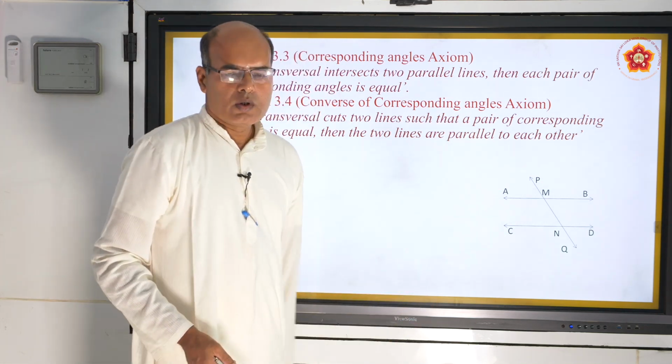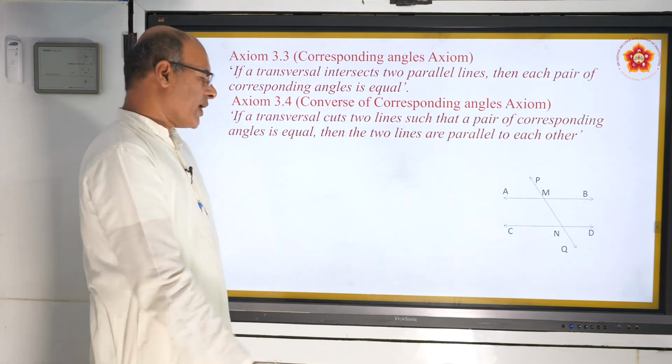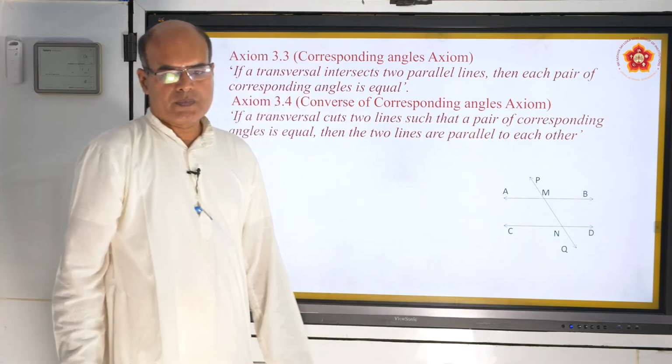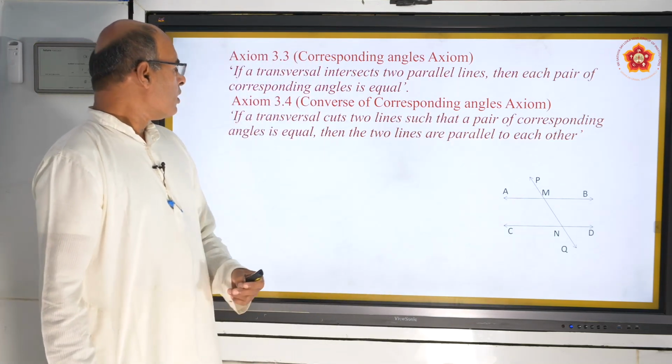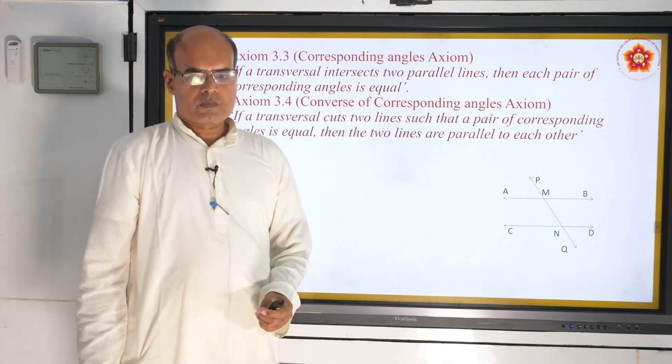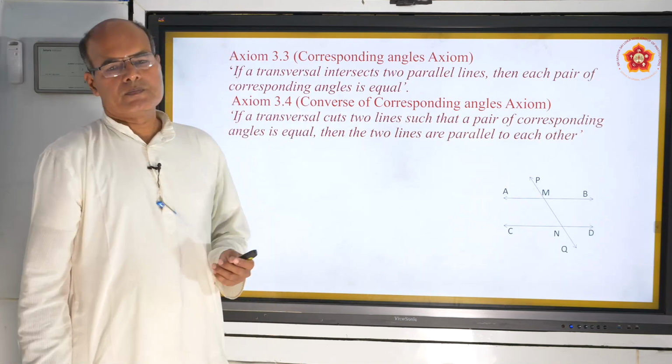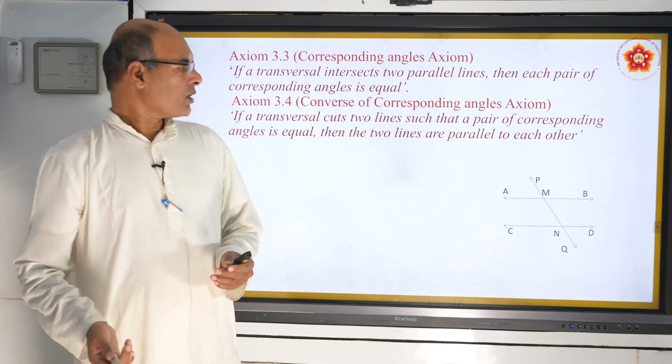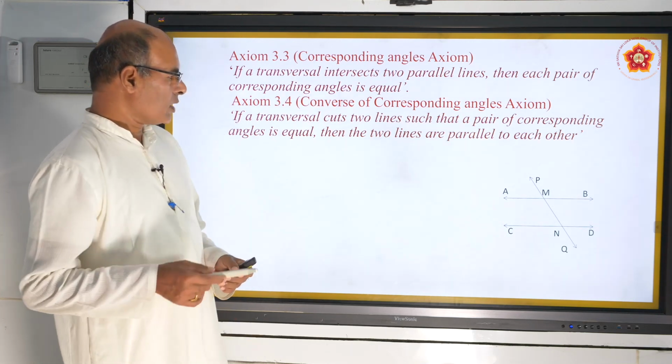If two lines are parallel and you have a transversal on them, then each pair of corresponding angles is equal. We can prove this statement using different axioms, axiom number 1, axiom number 2.